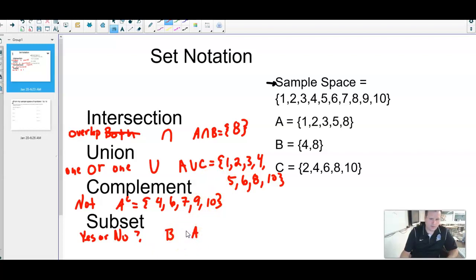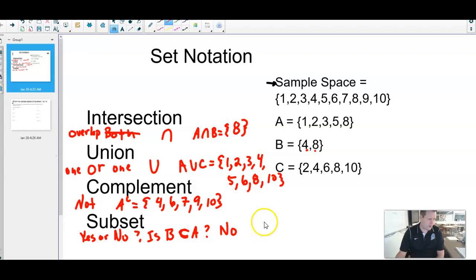The symbol for this is not a C, but like a sideways U. So if I ask you, is B a subset of A, that just wants to know, are all the objects in B, so 4 and 8, part of A? Only 8 is, so the answer would be no, that is not true, because you have to have every single one of them be part of A.